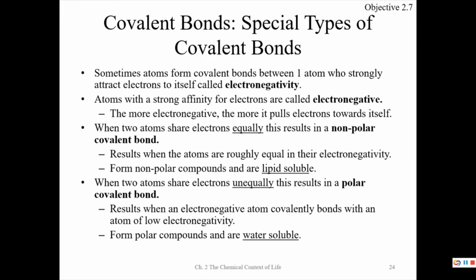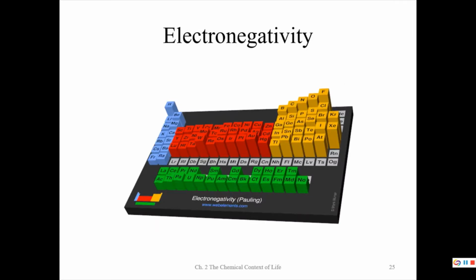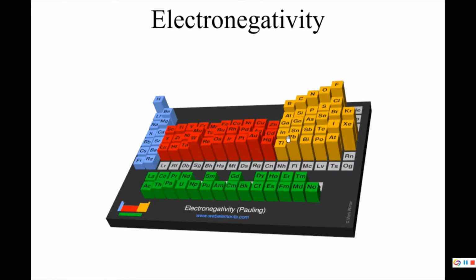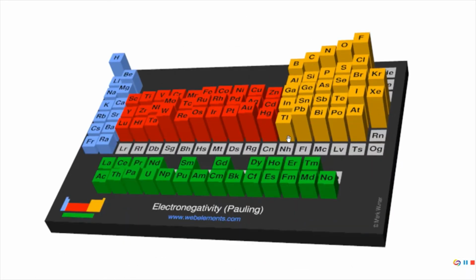Now, some atoms out there are very greedy for electrons. They have an unnatural, well, it is natural, but they have this very strong affinity. They attract electrons to themselves more. Now, right here, the higher up the element is, the more electronegative it is.